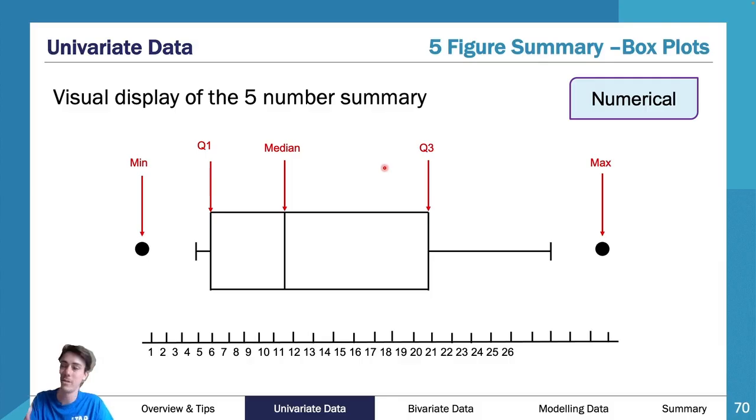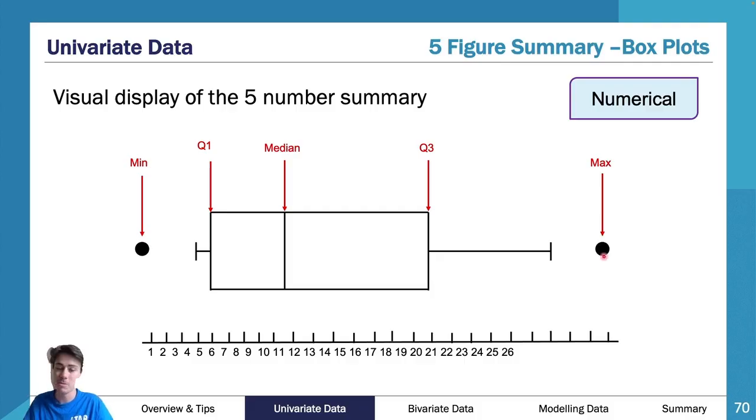Or there is 75% of information above 5, because we know this is 5. So there was 1, 2, 3, 4, 5. So this line is at 5. So I know 75% of the data that this box plot represents is above 5. And then between Q3 and max, there's another 25%. So there's your 100% if you add all those 25% up. So that's your usefulness of a box plot.